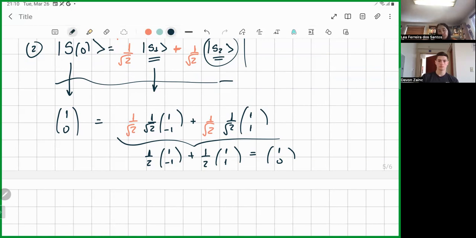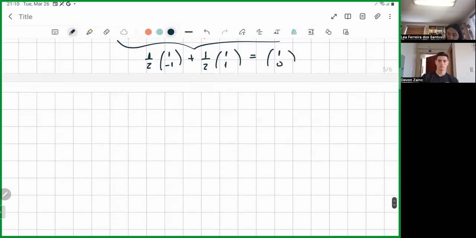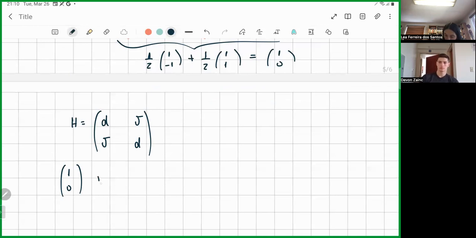Yeah. So what is the story? We started with a Hamiltonian written like this. And it was written like this because we used the basis of those linearly independent vectors, 1, 0 and 0, 1. So in this basis, that's the Hamiltonian that I get.